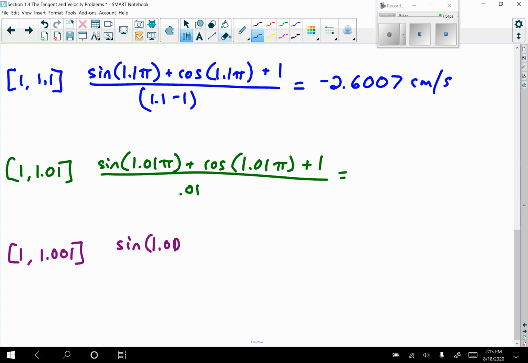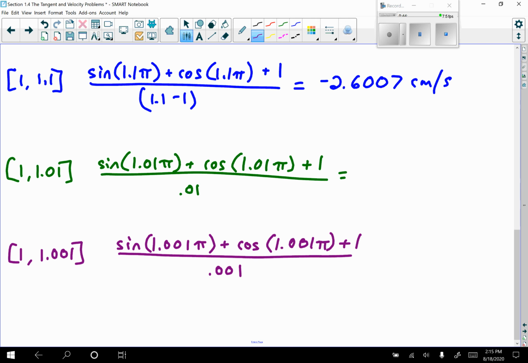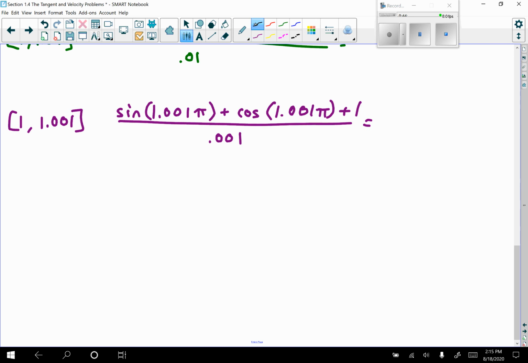And again, we're looking at average velocity. That's what all of these values are that we're finding. And then this difference in our denominator would be a 0.001. And then last we'll have from 1 to 1.0001.